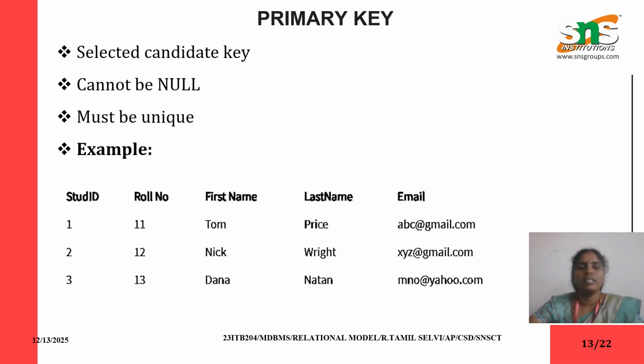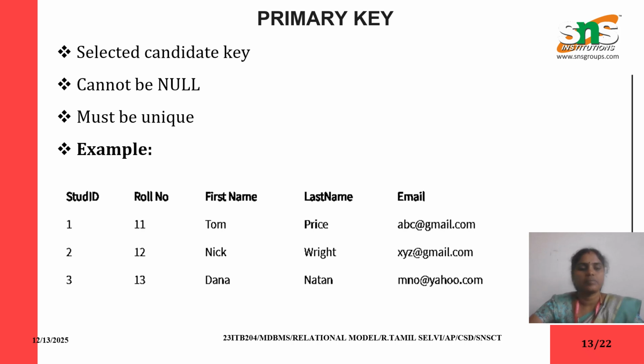And primary key. The primary key is chosen from the candidate keys and uniquely identifies each record in a table. Consider this example. According to this table, student ID is the primary key.